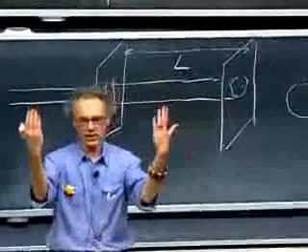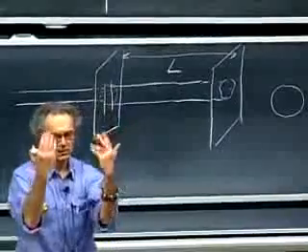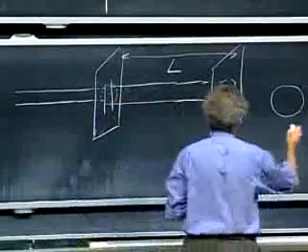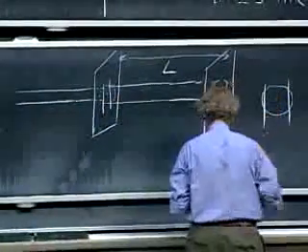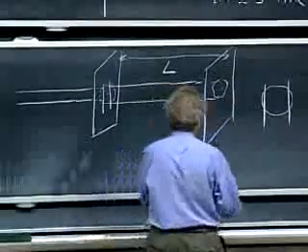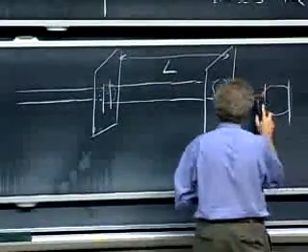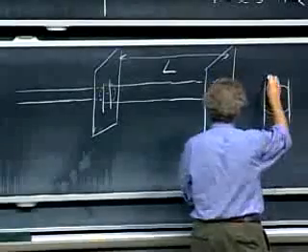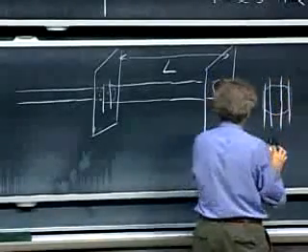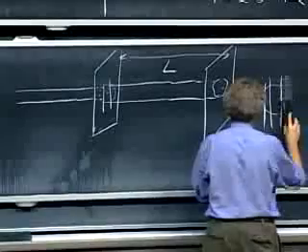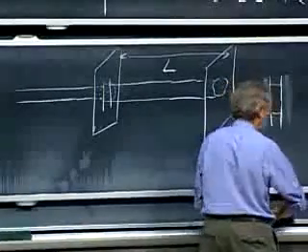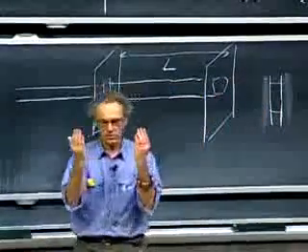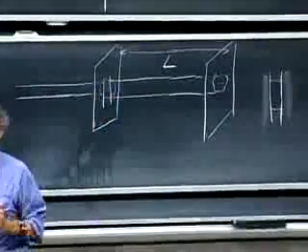And then I'm going to make the slit narrower and narrower. And as I cut into the light beam, what you're going to see is exactly what you expect. You expect that this light disappears, and so the light spot on that screen will become narrower and narrower and narrower.